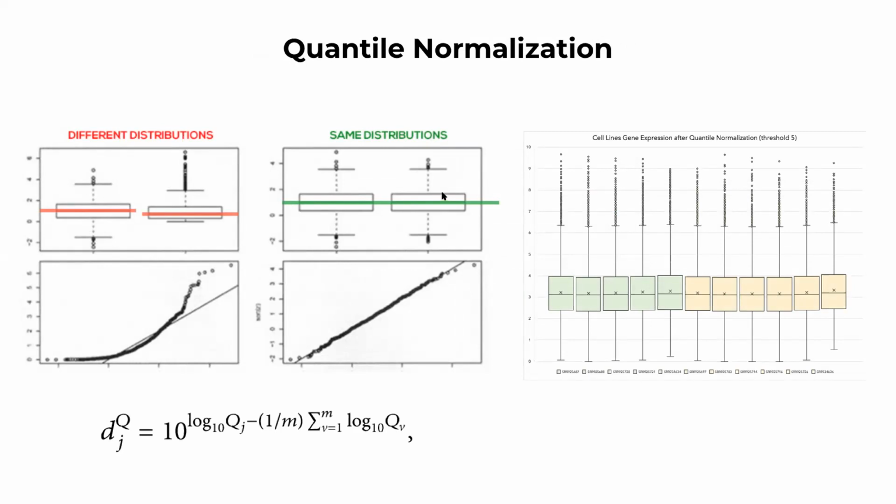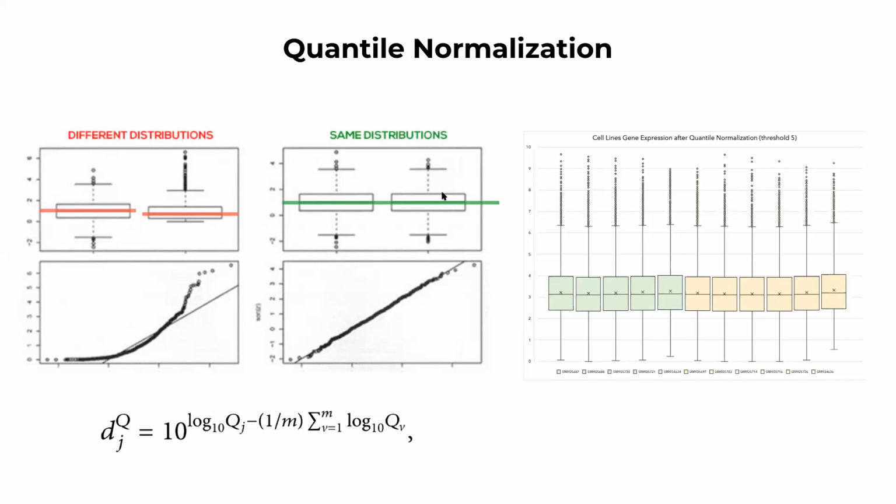Now, this is important, especially when we are considering multiple samples to be replicates of a condition. So if there's a condition and I have multiple samples that I'm saying represent that condition, I ultimately want that condition to be somewhat consistent across samples. And that's where I can use quantile normalization.